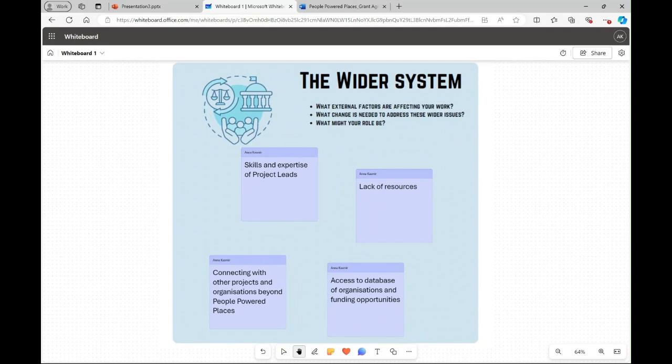So the more we share, the more we're able to do. But we also know that there really is a lack of resources. And some ways to overcome this is through accessing data of funding opportunities which exist, and I can share that with you when I send out this recording, and also having access to a database of organisations.